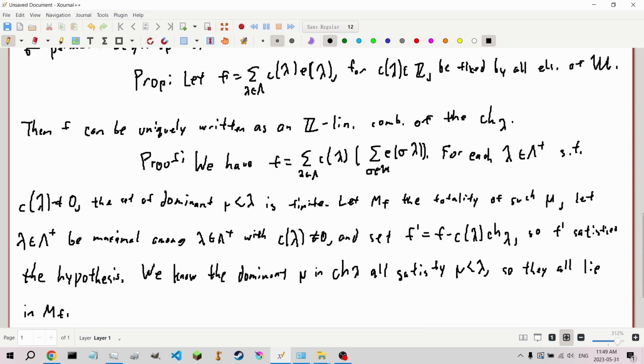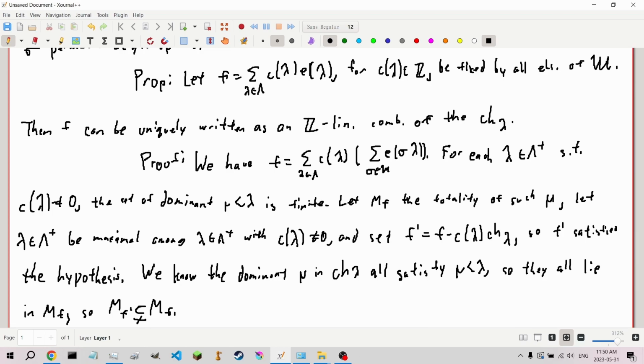This gives us that the totality of M of F prime is contained within M of F. And this is proper because we know that we have our lambda definition not going to be in M of F prime.